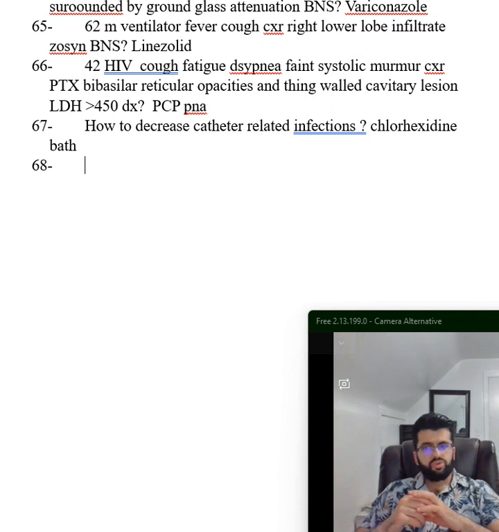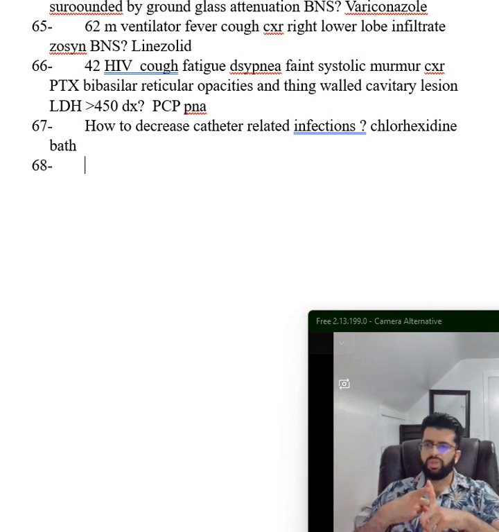PICC line can be used for months, unlike the central line. And the material, you want to use antimicrobial impregnated catheters. This is helpful.